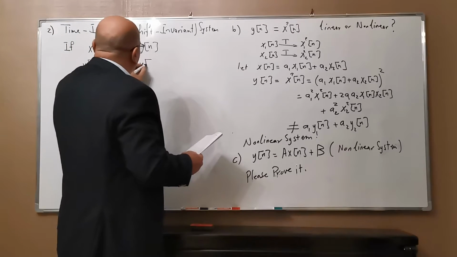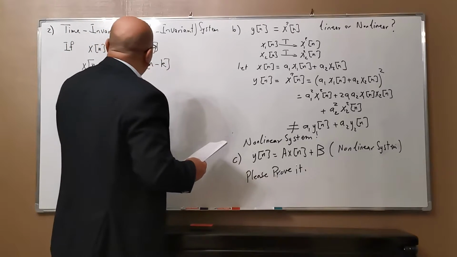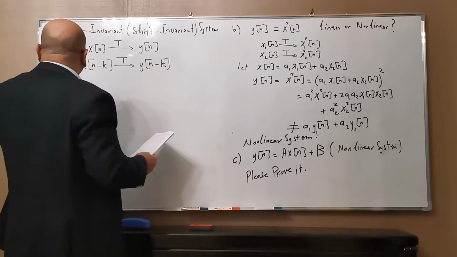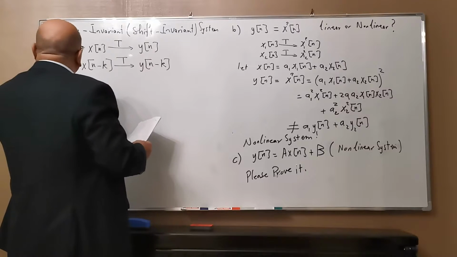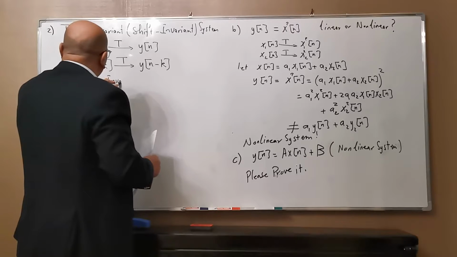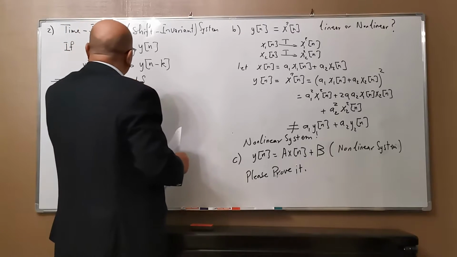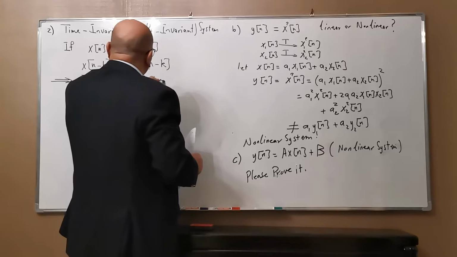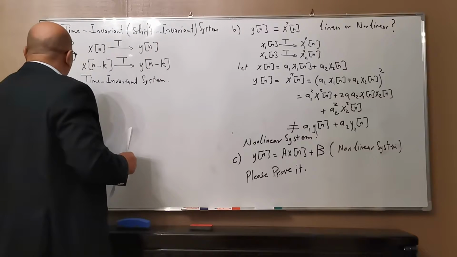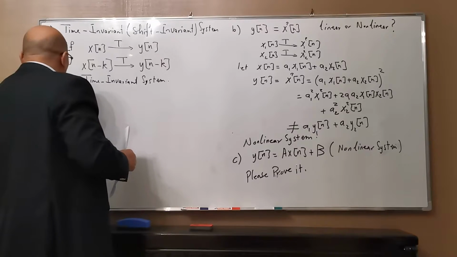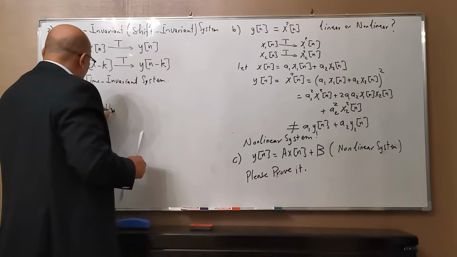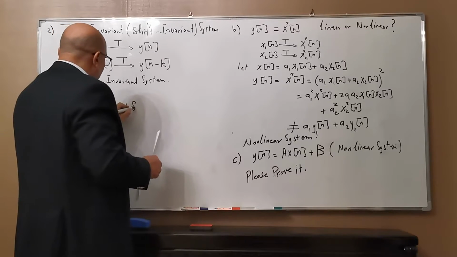If we get y with the same shift, then we say that if this is true, then you have a time invariant system. Otherwise, you have a time variant system.